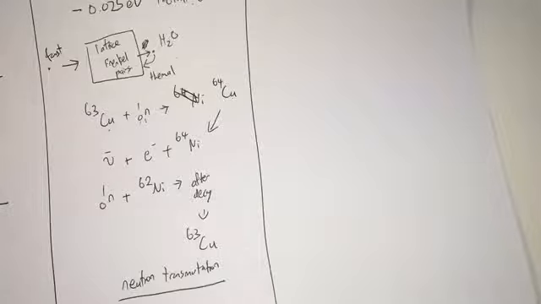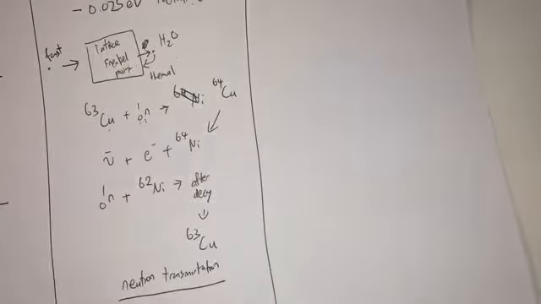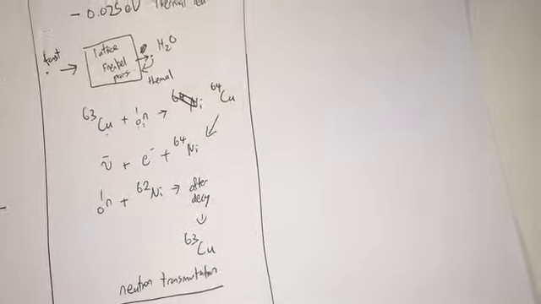So you can see that it goes both ways, depending on what isotopes are present inside the lattice. We already discussed that copper can be transmuted by neutrons, and this would cause radiation damage.